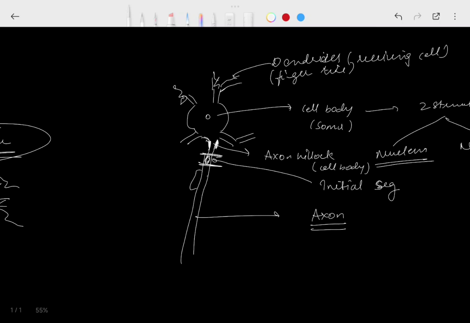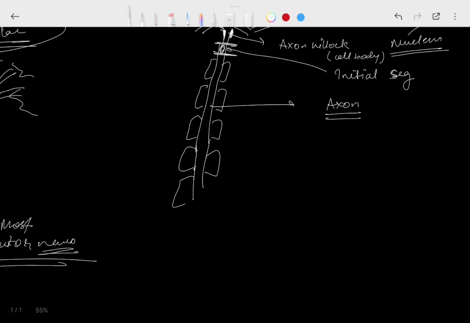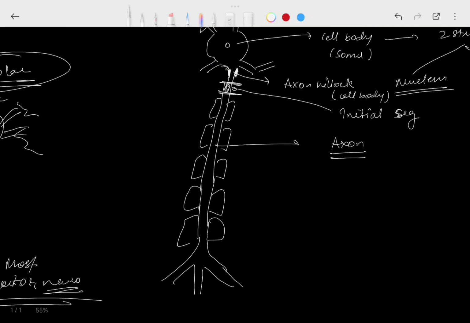Axons can be myelinated and unmyelinated. Those axons which are myelinated have fast conduction, and those which are unmyelinated offer slow conduction. So this is the myelin sheath. Where the myelin sheath is absent is known as the node of Ranvier.